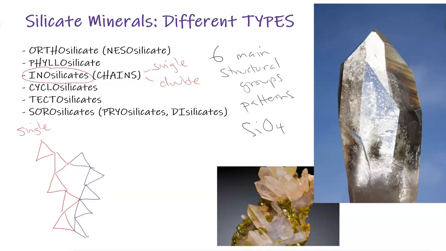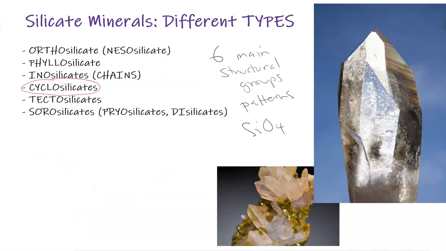So you'd have this double chain where on certain tetrahedra, you have bonding right here, creating a double chain, but there's also a lot of space in between. So single to double, and that is your inosilicates. And a good example of this is your pyroxene, and some of your amphiboles, and your hornblende.